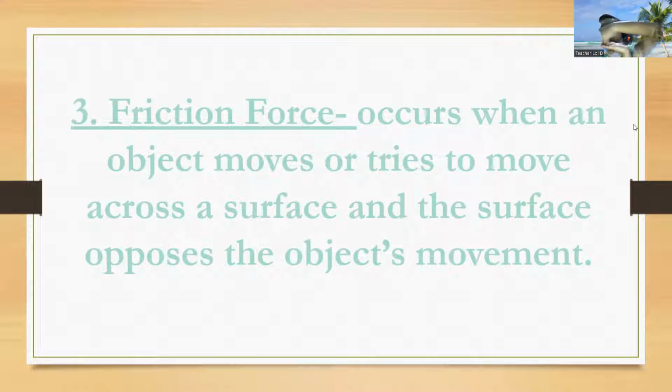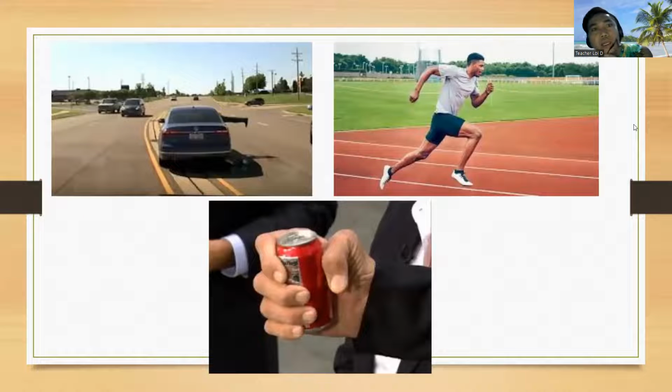Kung gumalaw yan, magkakaroon ng interaction yung dalawang object na yan. Okay, nagkakaroon ng friction force. For example, running, driving a car, holding a coke can.